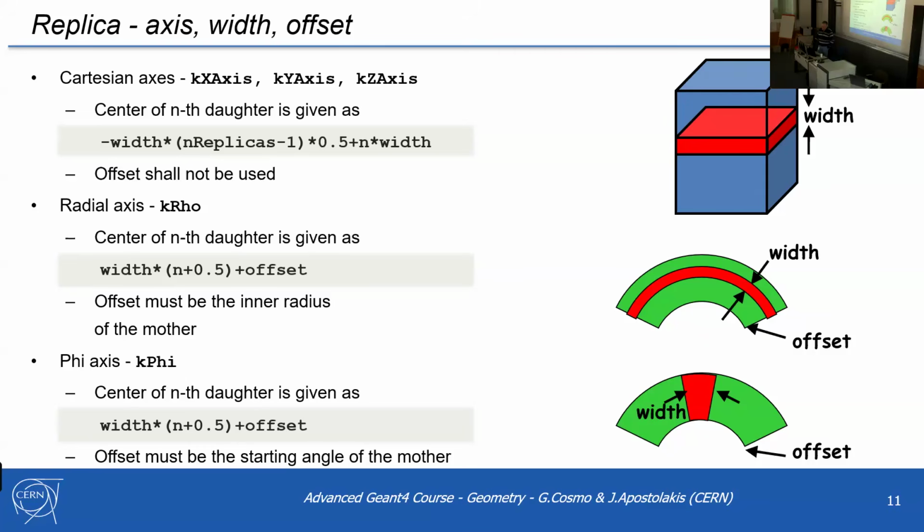While for the other two, replication in rho and phi, the offset determines the distance from the original mother volume, not sliced. So in the case of rho, the offset is the inner radius of the mother. In the case of phi, the offset must be the starting angle of the mother. So when you define the wedge, it is the starting angle.